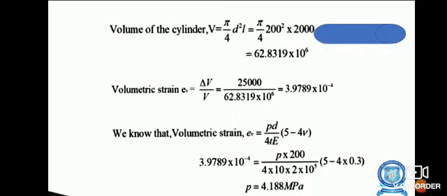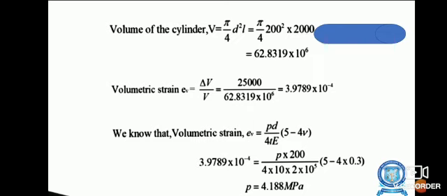So what happened? We know the volumetric strain 3.9789 into 10 raised to minus 4 is equal to P. Pressure is unknown; we find the pressure. So pressure is unknown into diameter 200, divided by 4 into thickness 10 into Young's modulus 2 into 10 power 5, into 5 minus 4 into Poisson's ratio. Poisson's ratio value is 0.3.